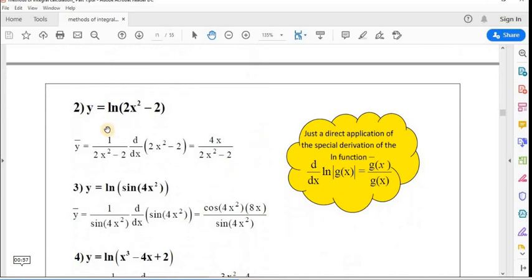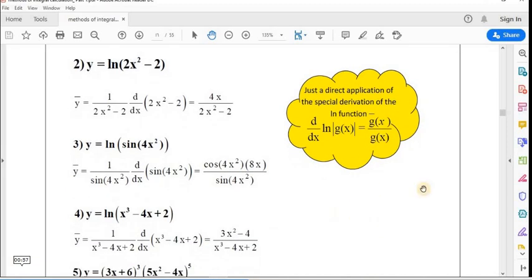Let's see another example. y equals ln (2x to the power 2 minus 2). In these examples, it will be just direct application of the special derivative of the ln function. The derivative of ln g(x) will be g' divided by g(x). It will be 1 divided by this function, multiplied by the derivative of this part, so it will be 4x divided by (2x to the power 2 minus 2).